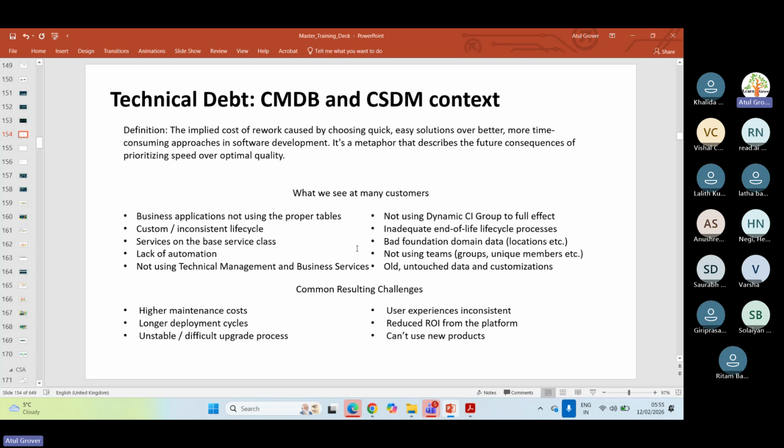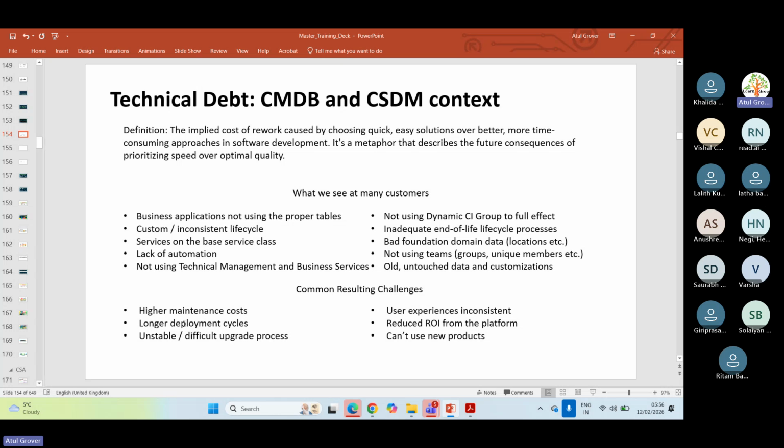Not using end of life. I have an office in location X. I close the office, but the location is still active in my database. Wrong foundation data.